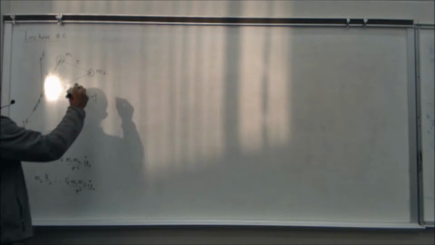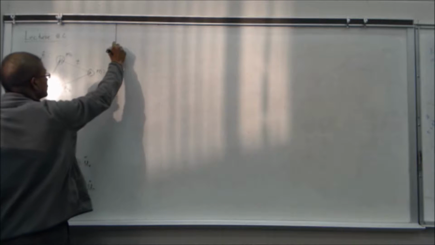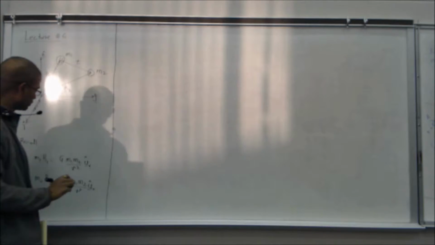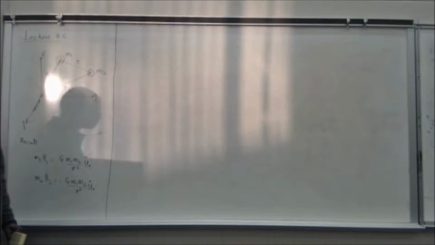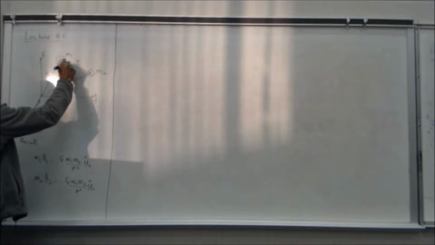This is what we developed. And what did we prove last time? Remember what we proved? The acceleration of the center of mass is 0. The center of mass is non-accelerating.